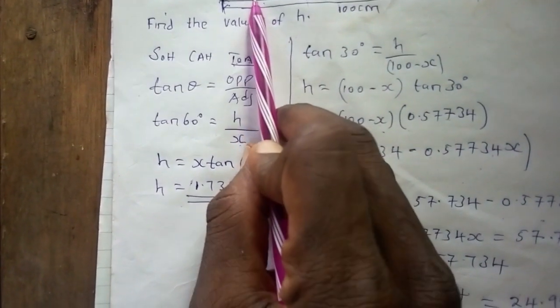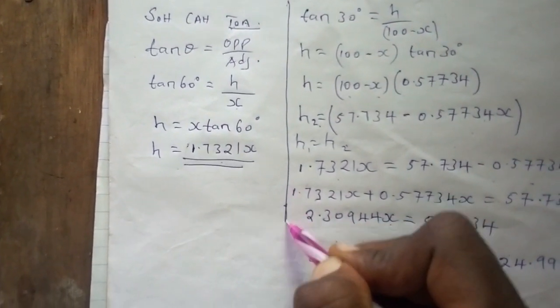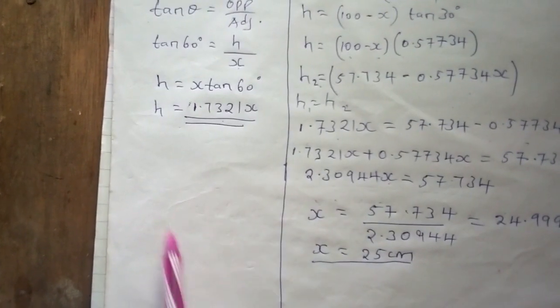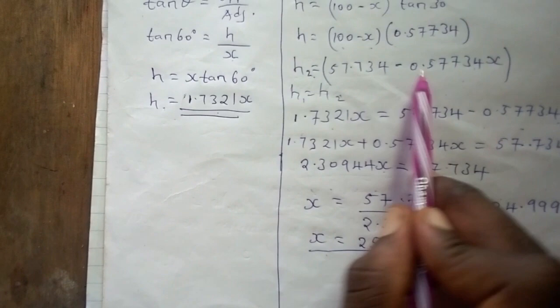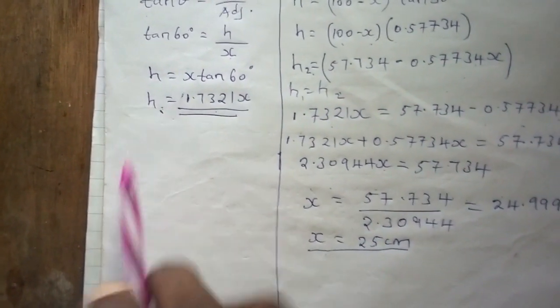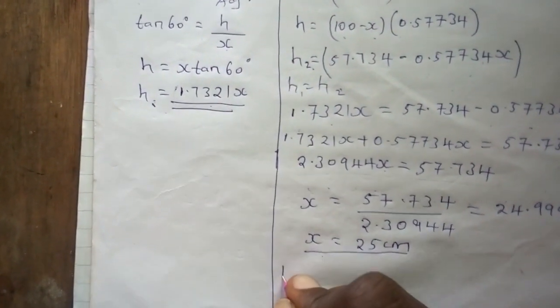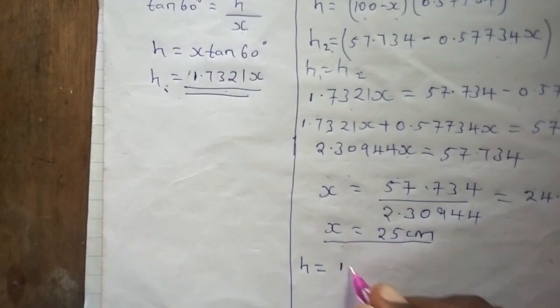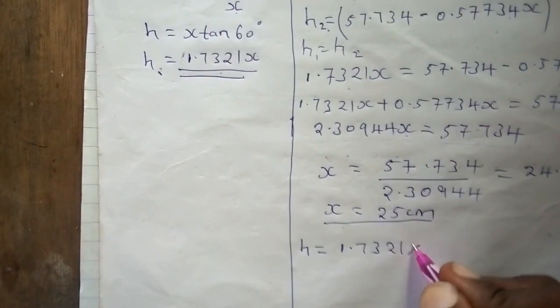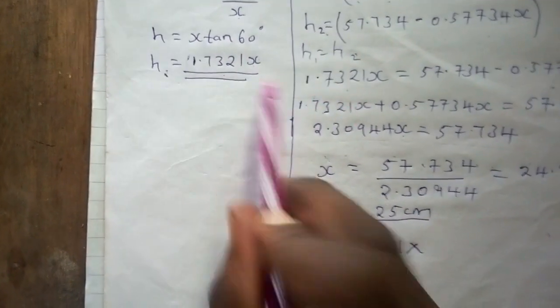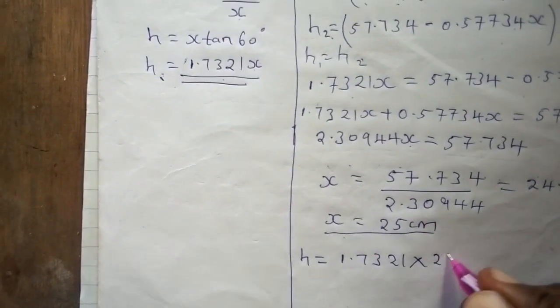So we have x. How do we find the value of h? We can use this or use this, h is equal to this. Let's use the first one, it is the simpler one. So h is equal to 1.7321 times x, and the value of x here is 25.